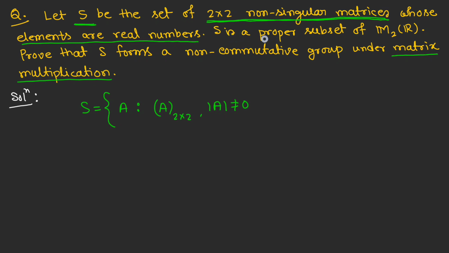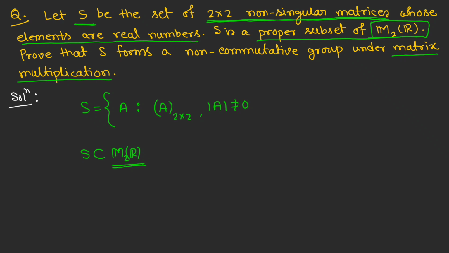Also given that S is a proper subset of M2R. M2R means the set of all 2 by 2 matrices whose elements are real numbers. S and M2R both are different.